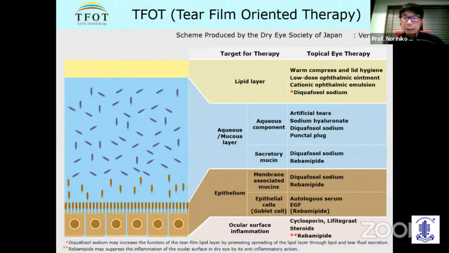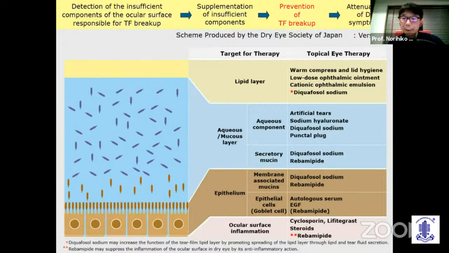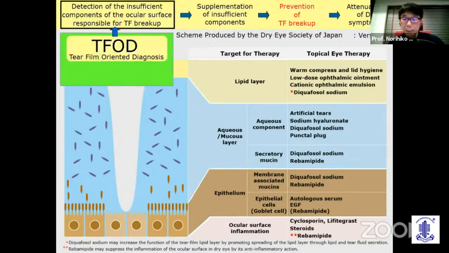In this concept, detection of the insufficient components of the ocular surface responsible for tear film breakup is the first step, which is followed by the supplementation of insufficient components to attenuate dry eye symptoms via the prevention of tear film breakup. However, for the detection of the insufficient components, TFOD, tear film oriented diagnosis, is essential. And for TFOD, classification of breakup patterns is the most effective and useful.